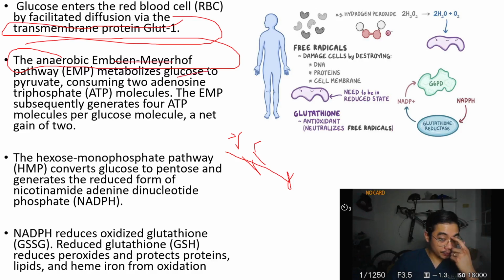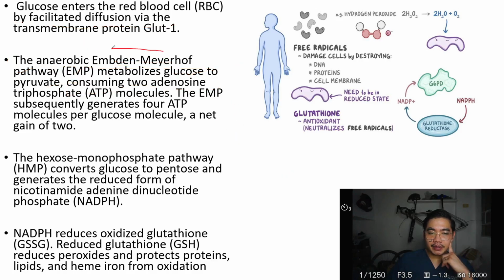So it metabolizes glucose to pyruvate. Why is it that there is still consumption of 2 ATP? So your Embden-Meyerhof is a very inefficient way to produce ATP. Why?